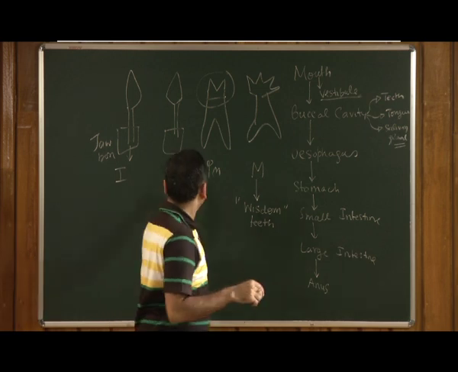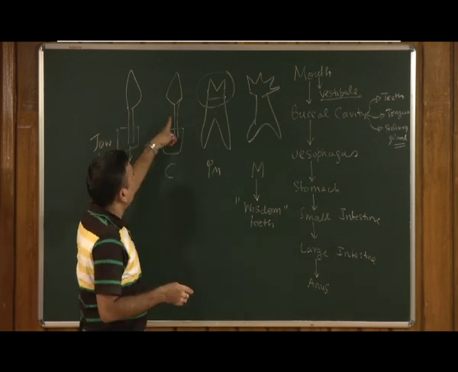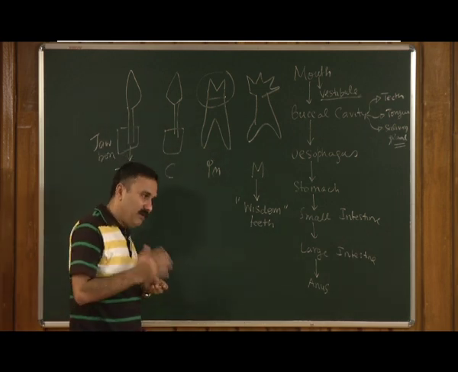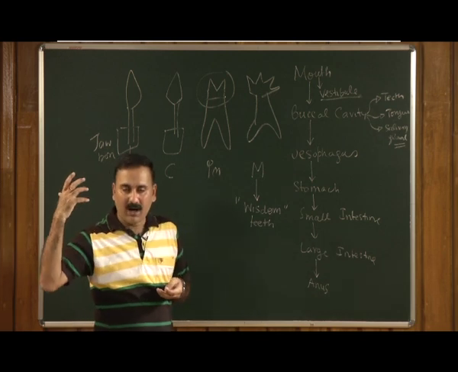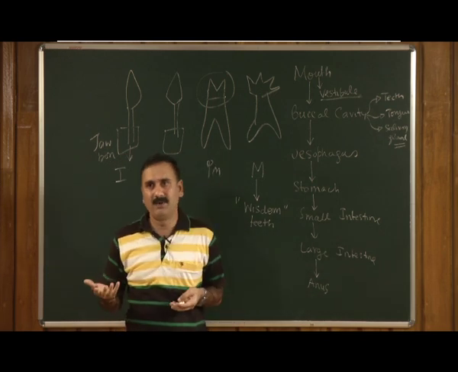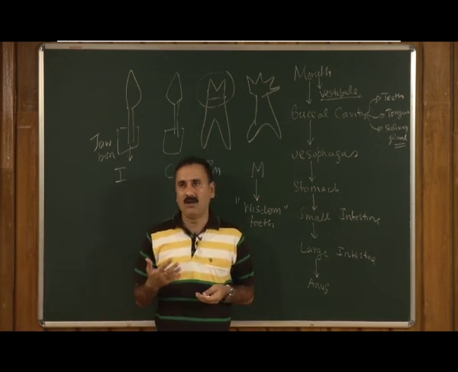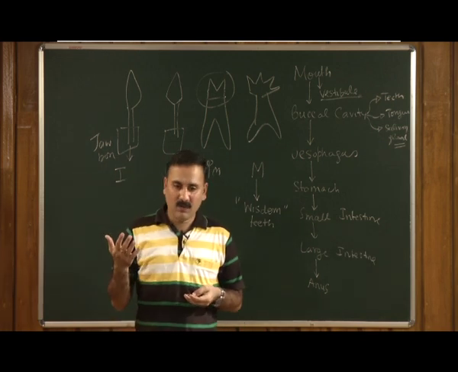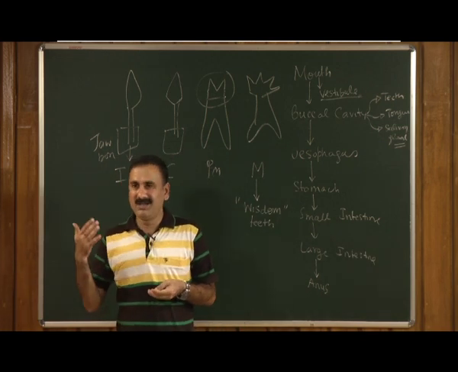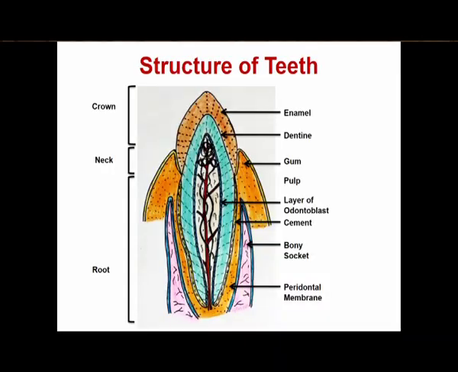As I said, all different types of teeth are different in their upper morphology, but structurally they are all very identical. So, let us see how a typical tooth looks. A typical tooth has three different structures.